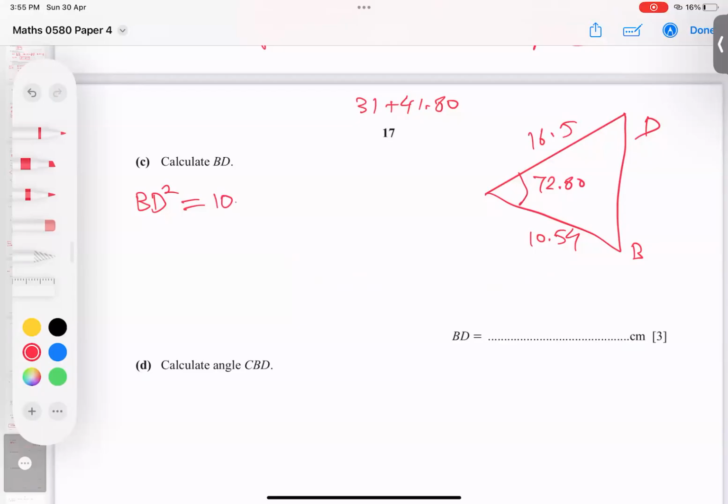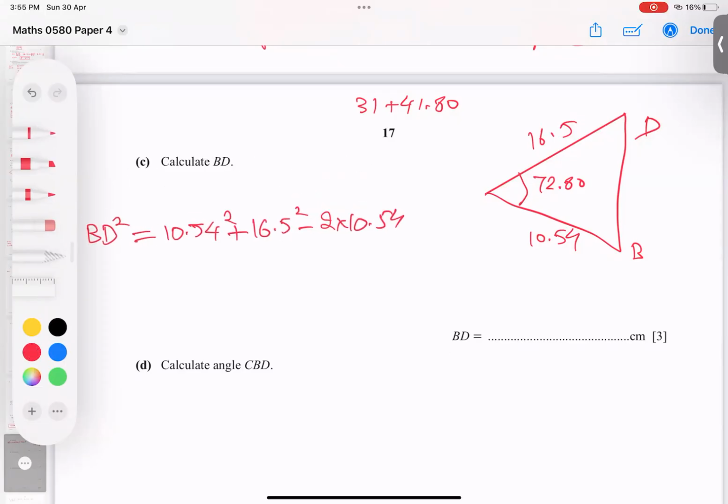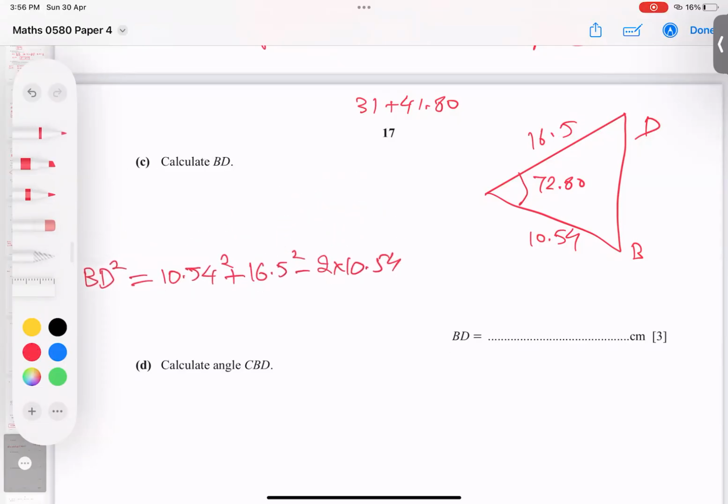So it's 10.54 square, plus this square, minus 2 into 10.54, I think it will take some space, so I'm writing below, into 16.5 into cos of 72.80. Type all together in calculator.